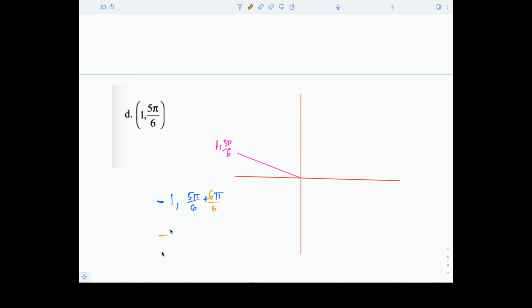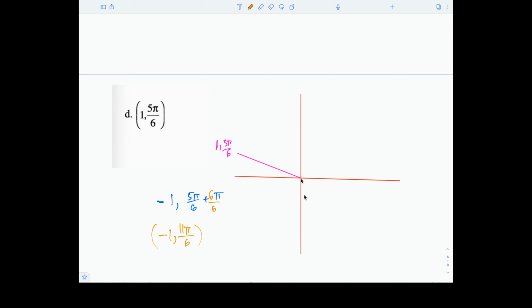Now, 5 plus 6 is not 7, it's 11. I don't know why I did that. So this negative 1 comma 11 pi over 6 would be a value. Apologize for that.